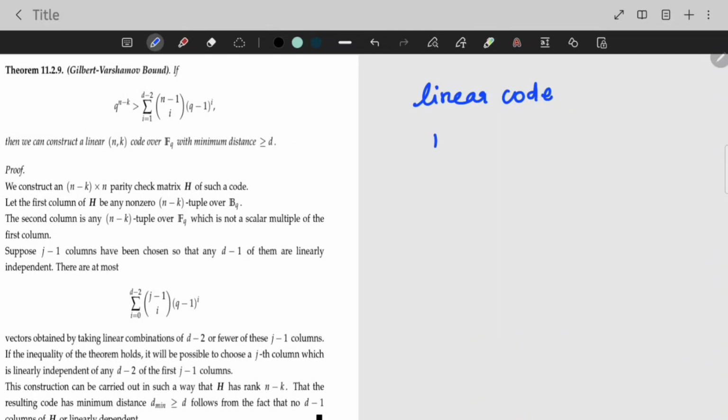A linear code of length n, that is how long each message is, and the dimension k, that is how much actual information it holds, and the minimum distance d, how many errors it can detect or correct, over a finite field Fq, like binary, q equal to 2 symbols, or q equal to 3 or 4, etc.